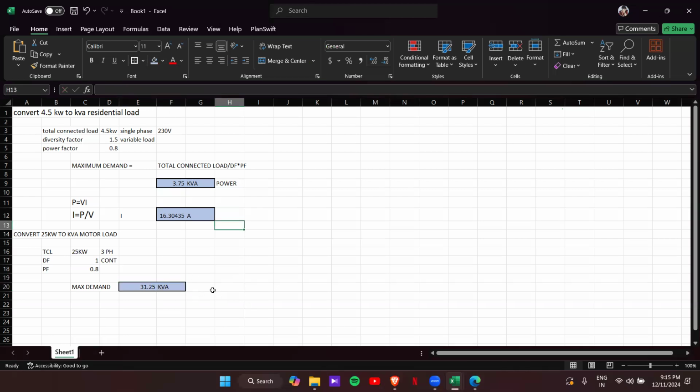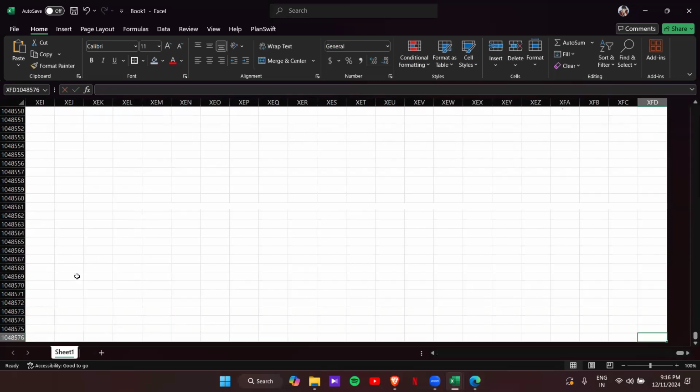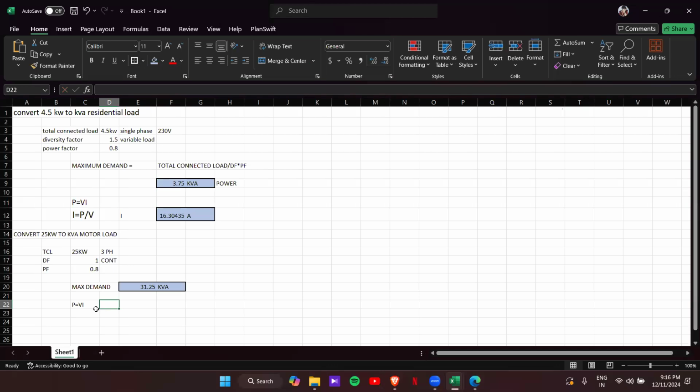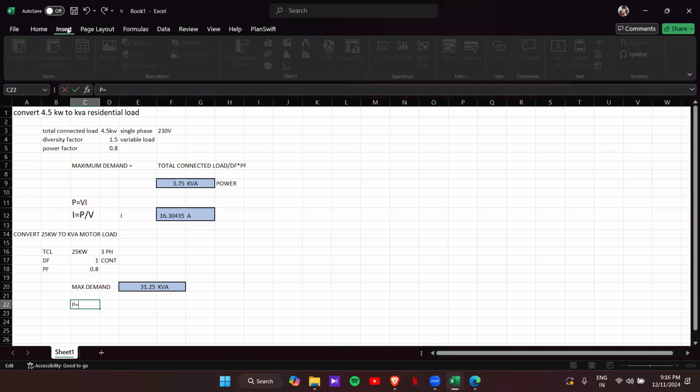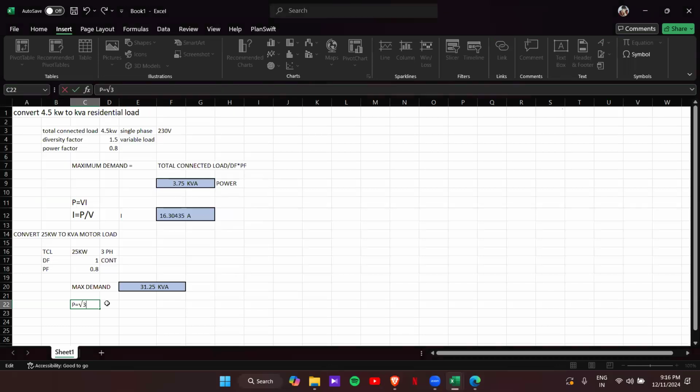Now the current rating. The equation again: P is equal to VI for single phase, but for three phase it is root 3 VI.